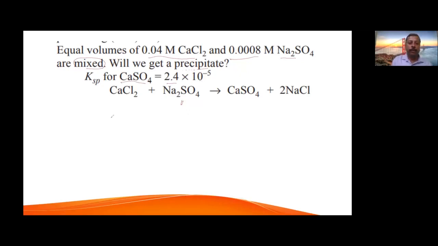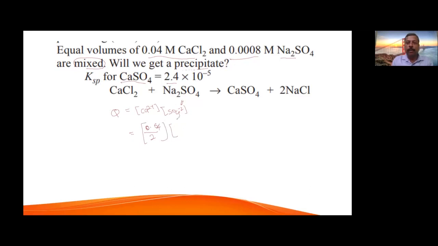So our aim is to find out Q of CaSO4. It is equal to Ca2 plus into SO4 2 minus. Ca2 plus is equal to concentration of CaCl2, 0.04, as equal volumes are given. Therefore, it will be 0.04 divided by 2.